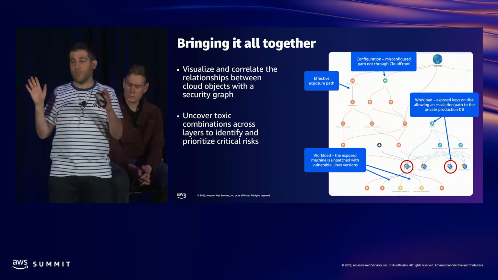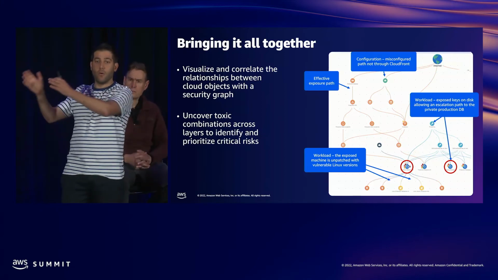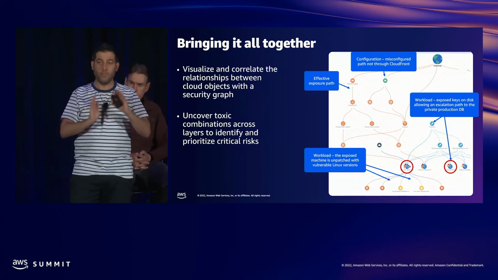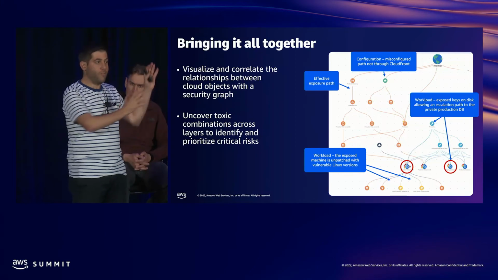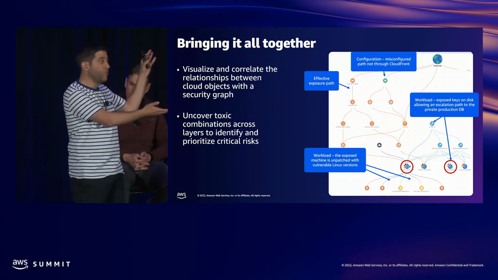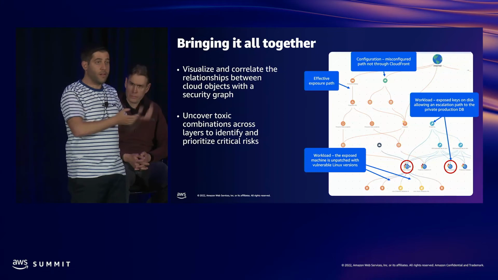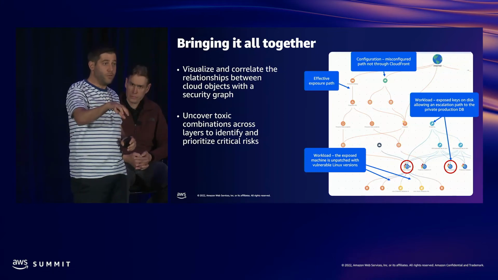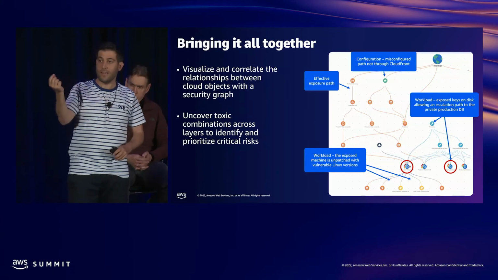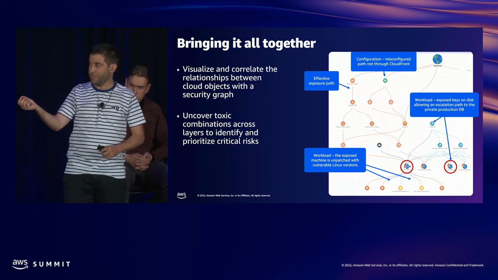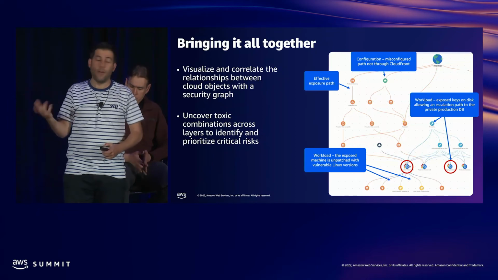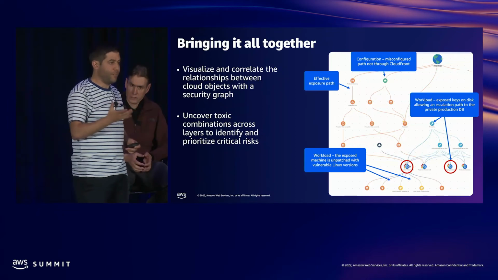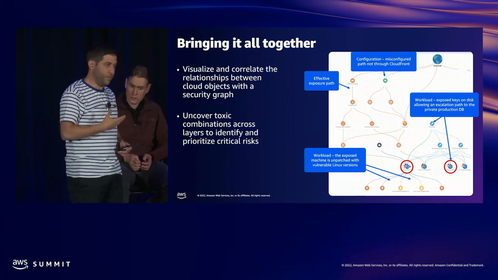You don't think anymore in the sense of my Kubernetes scanning tool, my identity tool, my network tool. No, you have your security graph that shows you what you have in the environment, and the true magic is to pinpoint what you have to fix, and that becomes just queries on the graph, right? It sounds simple, but it was just not possible without this kind of technology.